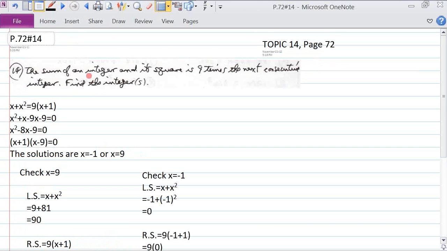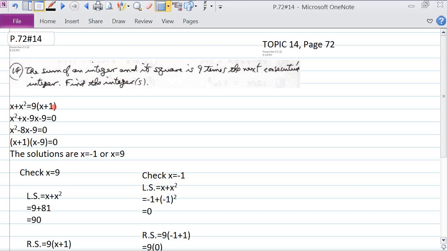So let's take a look at number 14. The sum of an integer and its square is 9 times the next consecutive integer. Find the integers. So here we have the sum of an integer and its square equals 9 times the next consecutive integer.